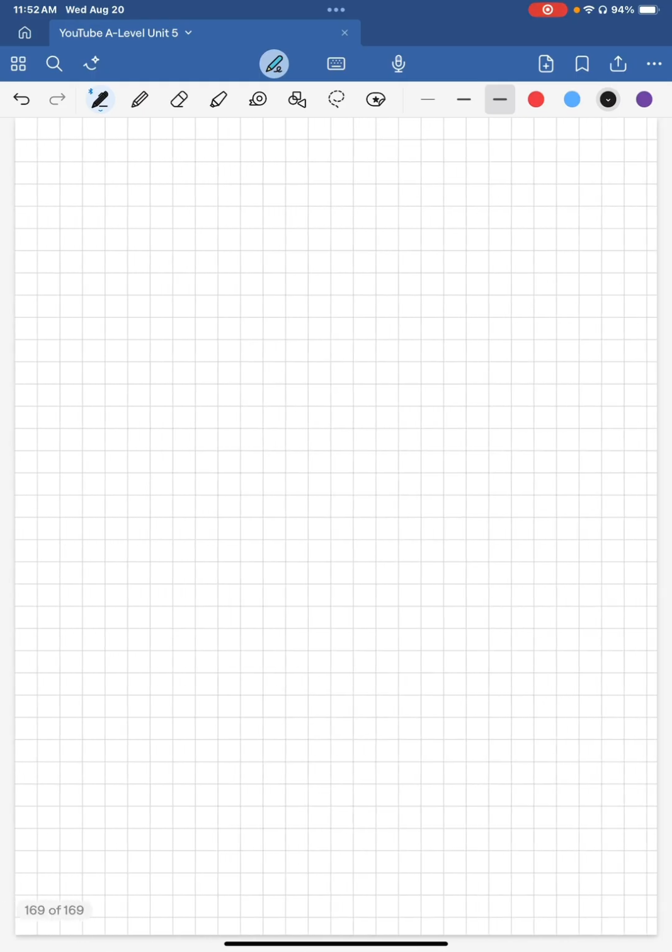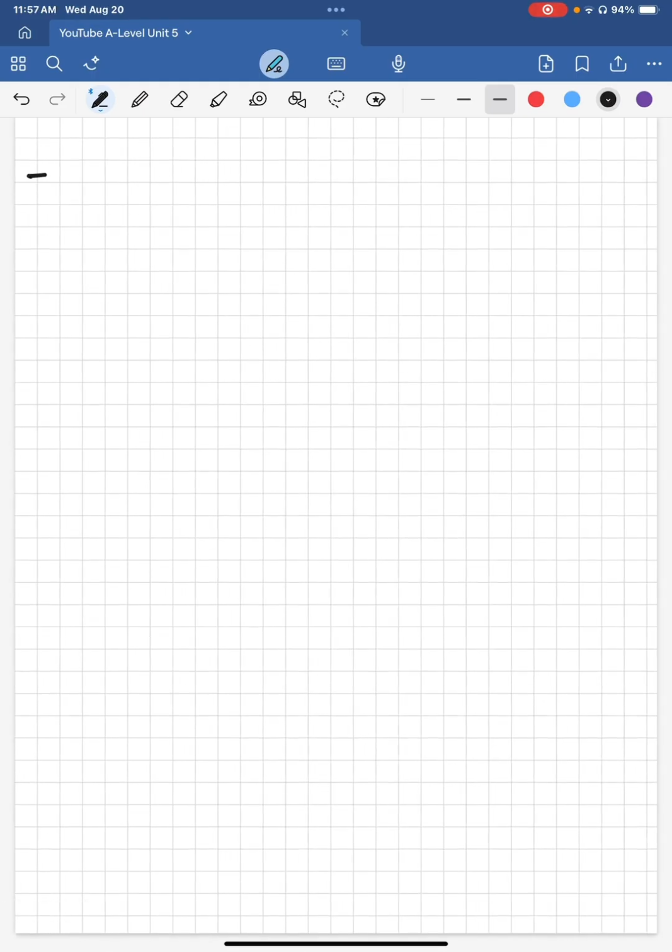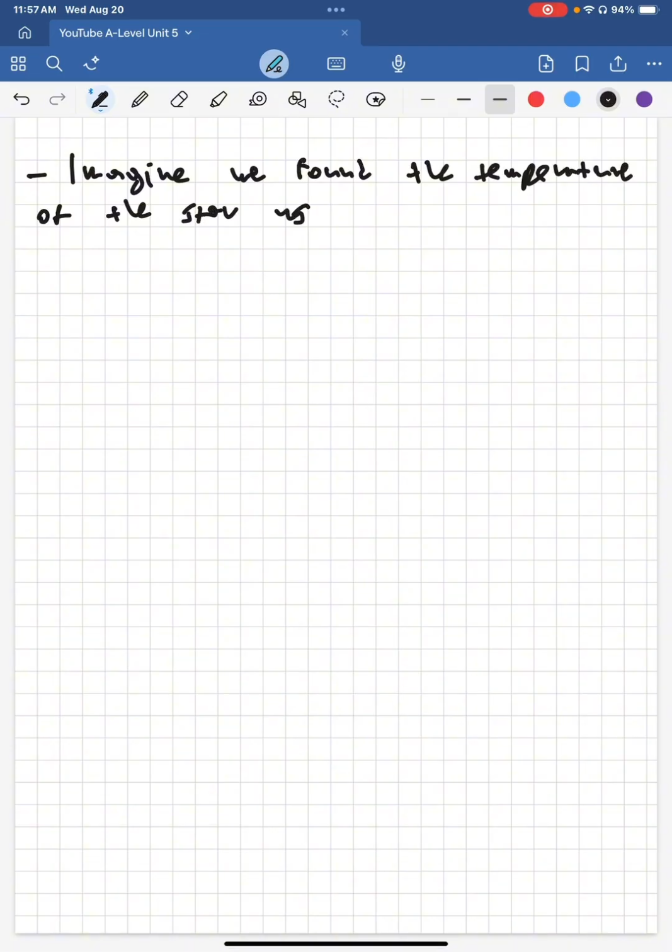Another thing that is good to note is that imagine we found the temperature of the star using Wien's law.